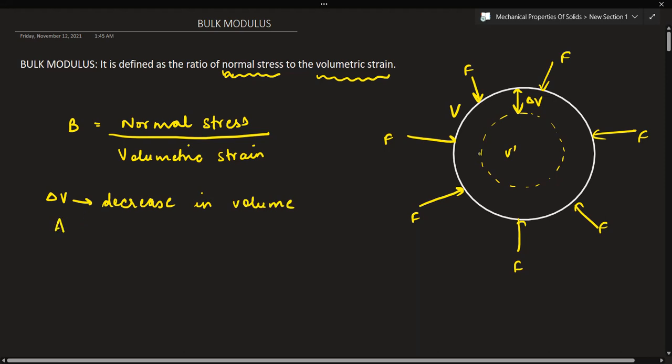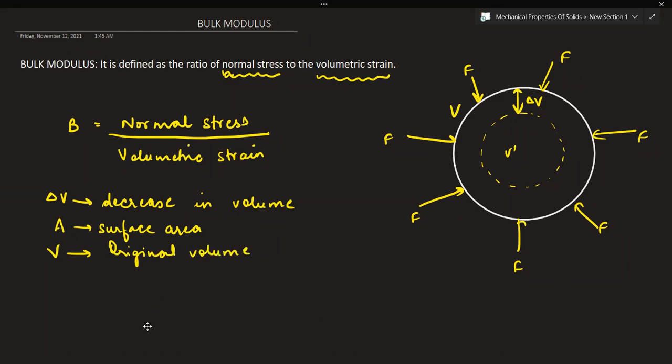Let's say A is the surface area. And V, as we have taken, is the original volume of the sphere. Original volume of the sphere means before the application of all these deforming forces.